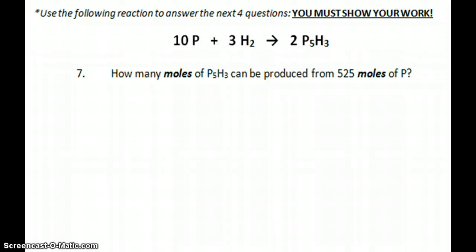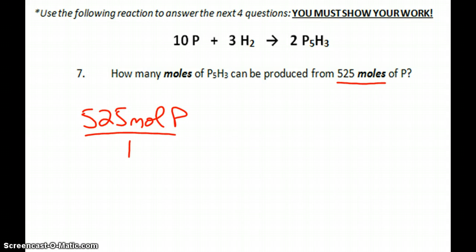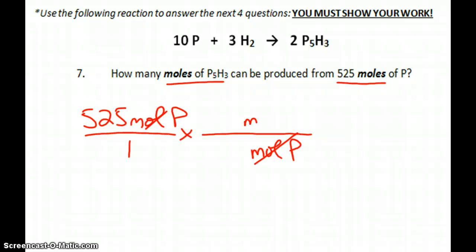So again, I'm given a piece of information in the problem. I have 525 moles of P. I put that over 1, and I immediately put moles of P in the bottom of that conversion factor so I can cancel it, convert it to moles of P5H3.